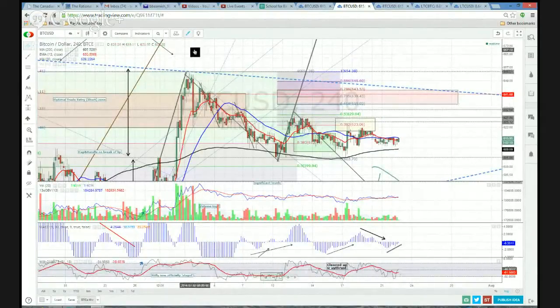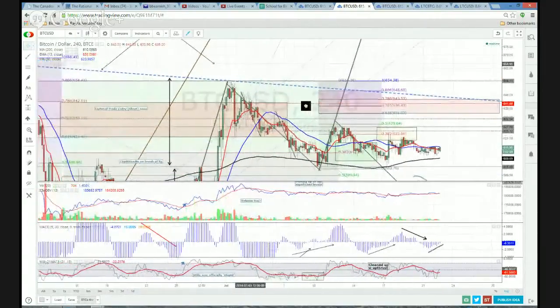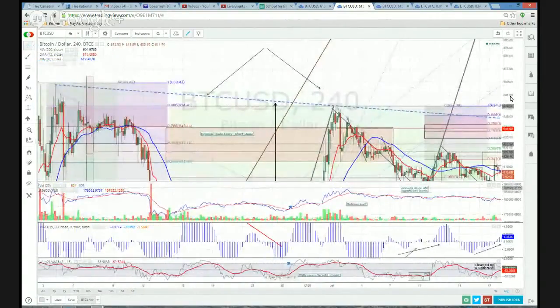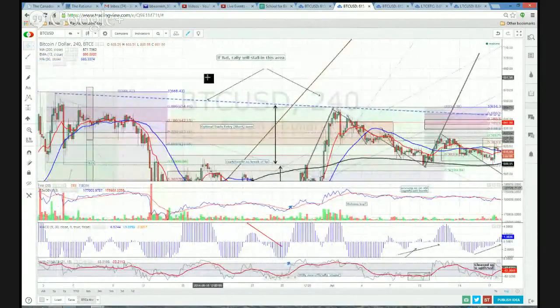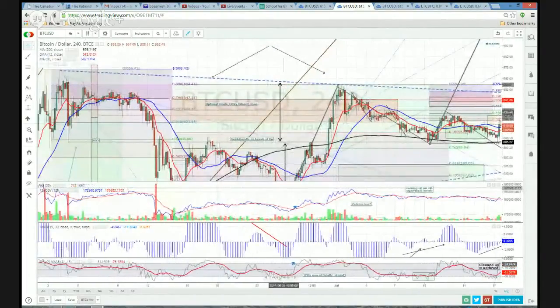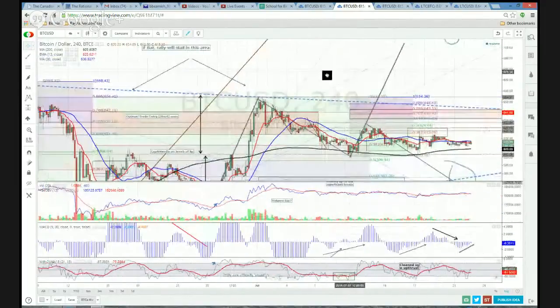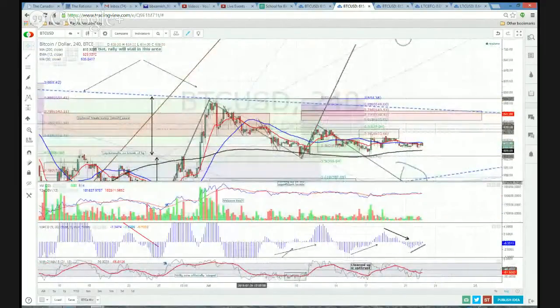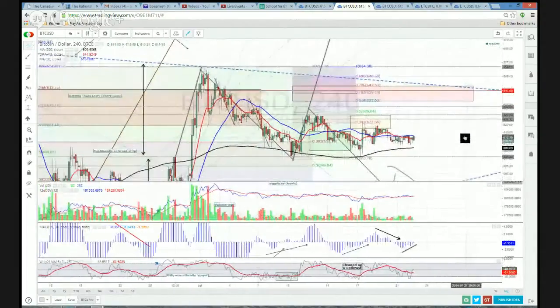I have been talking quite a while about the bigger Bat formation off of the entire top here, and you see how it played out. We might actually have a smaller Bat forming off of this formation.